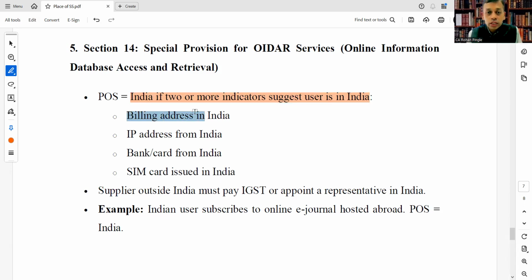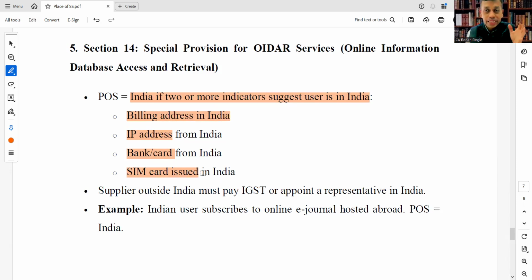Billing address in India, IP address from India, very much important. Bank or card from India, SIM card issued in India. So if two or more indicators suggest the user is in India, then the place of supply would be India.